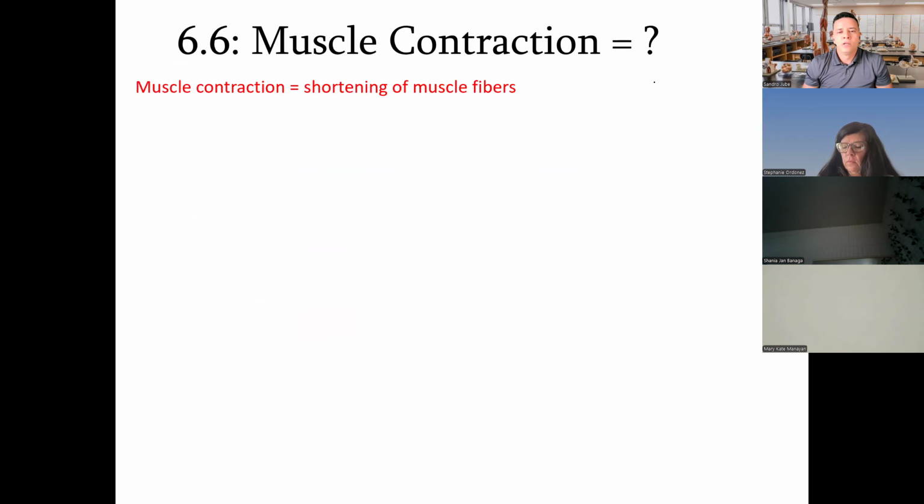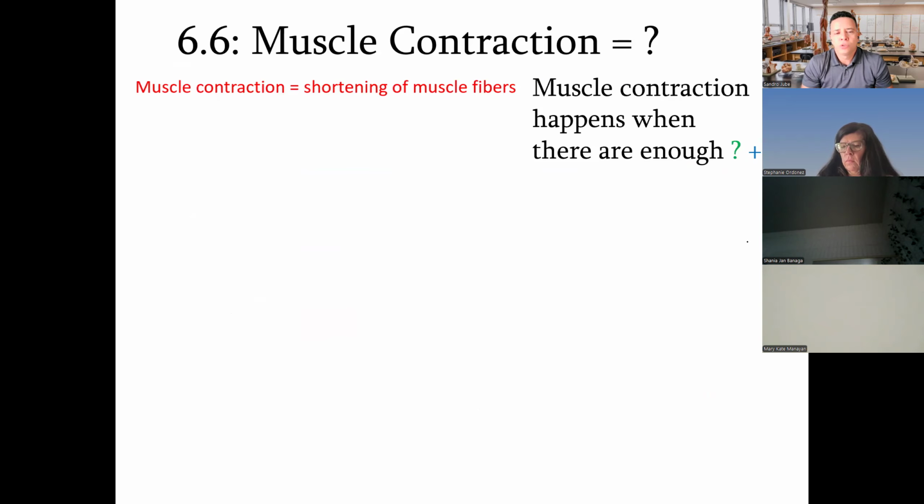So let's take a closer look then at what's happening when our muscles contract. And for a muscle to contract, we need two very important things. Without them, muscle contraction cannot happen. What are those things? We need ATP and we need calcium. Now, I'm going to talk about what is the role of ATP.